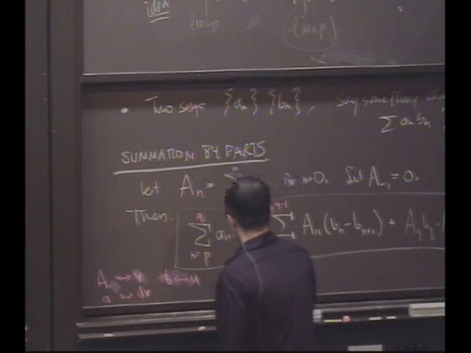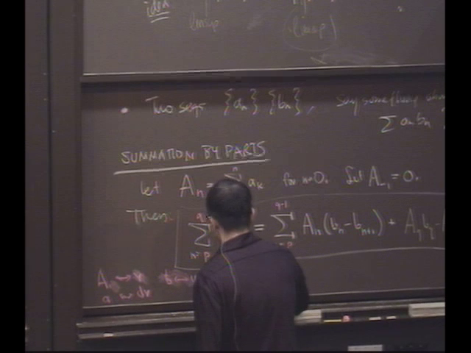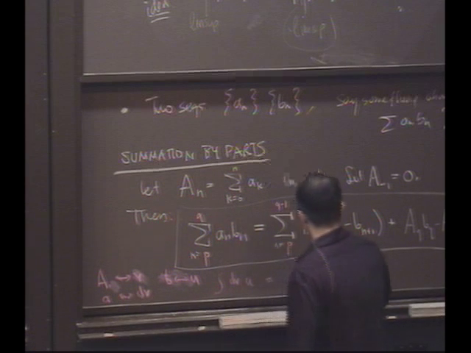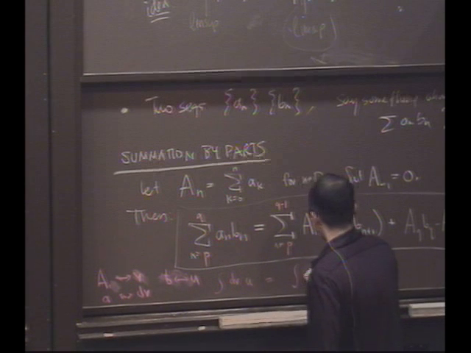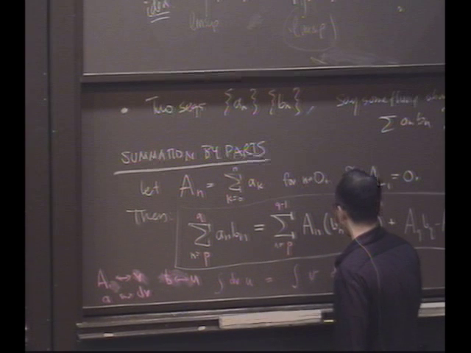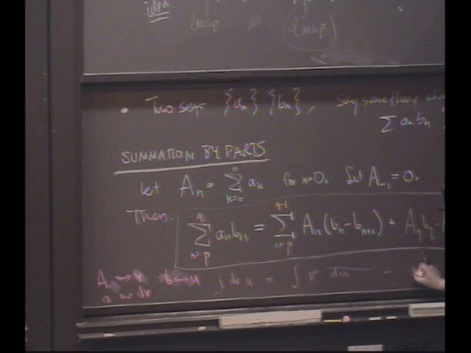So what we have is that the integral of u dv is the integral of v du, that's this part, minus what? uv, or vu. Now, why do I have two terms here?